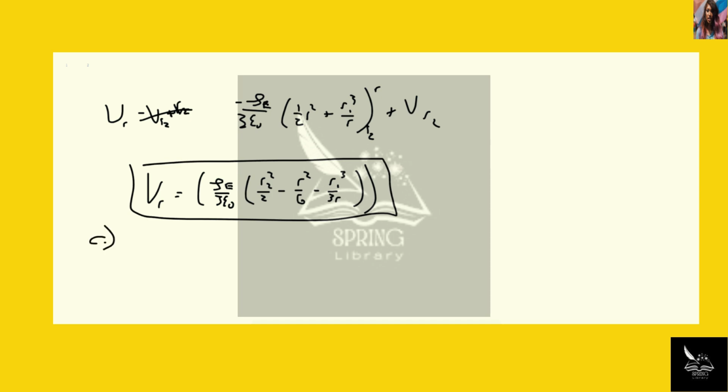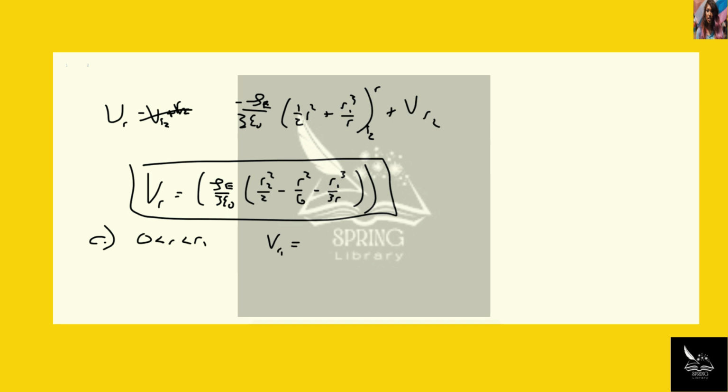Lastly, there's part C. And part C wants us to do it for 0 less than r less than R1. Okay, so inside the cavity there's no electric field, so the potential is constant. And it has the value that it has on the cavity boundary. So that means V of R1 equals the cavity boundary.